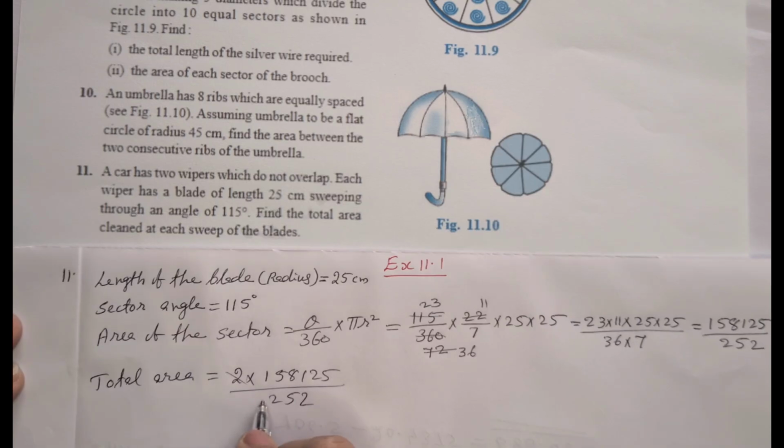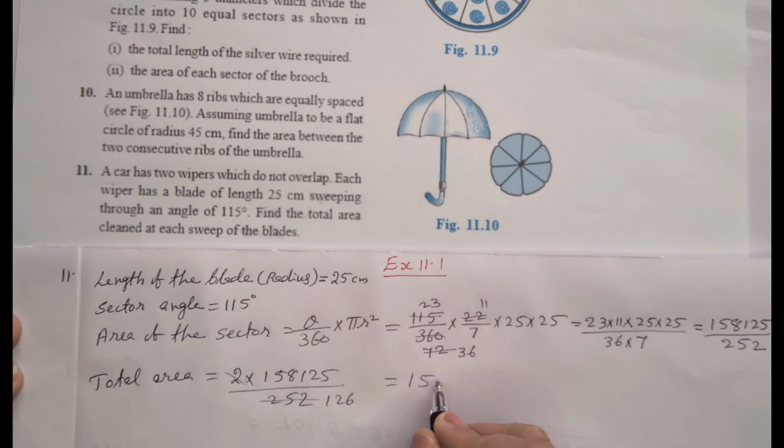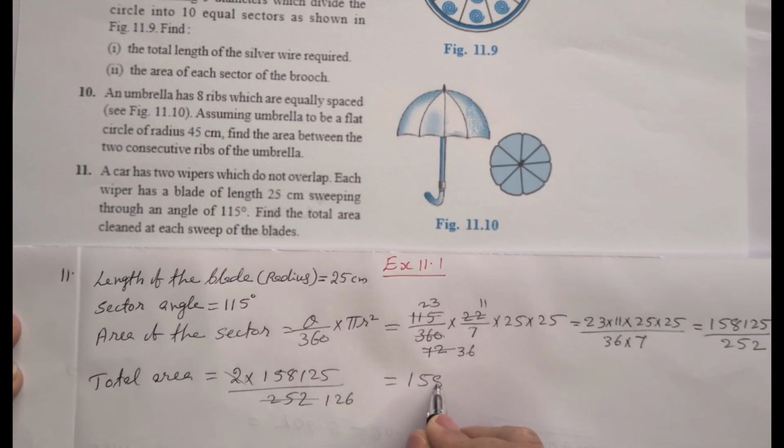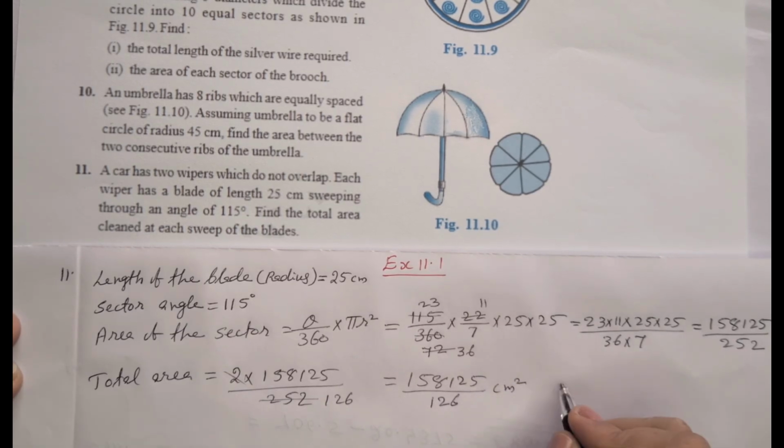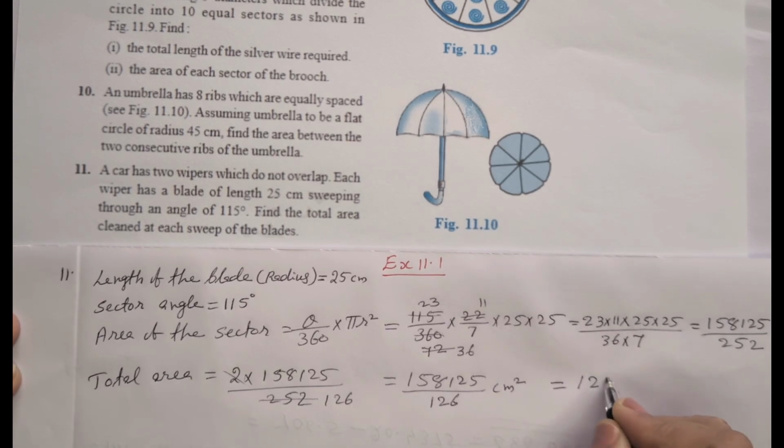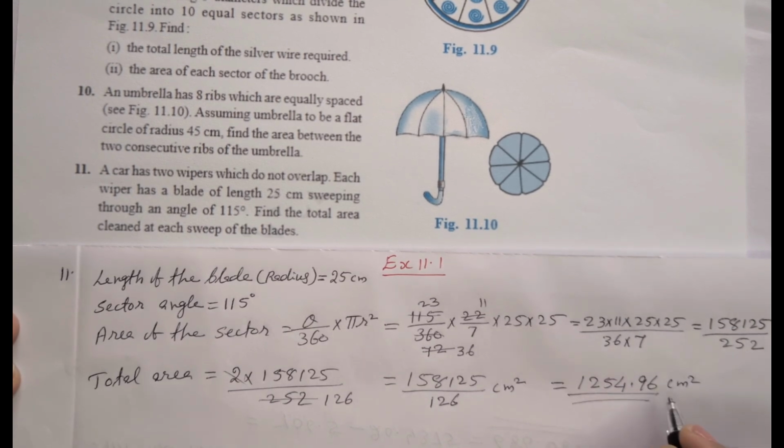We can divide by 2 here, 126, which is equal to 58,125 divided by 126 centimeter square. If we divide, we will get 1254.96 centimeter square. So this much is the total area covered by both the wipers.